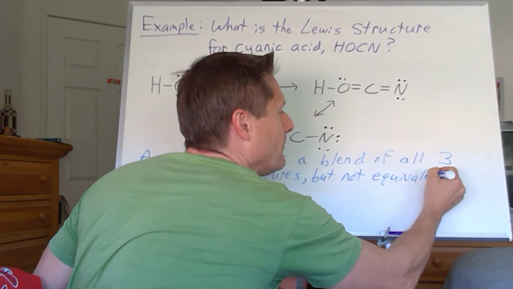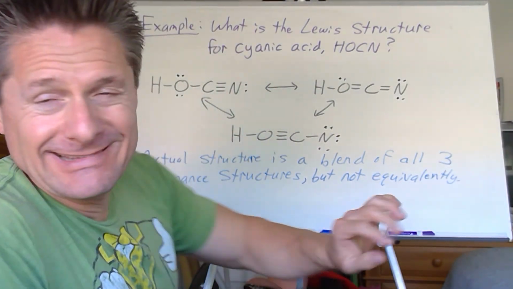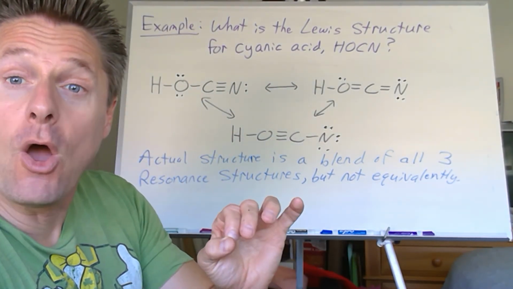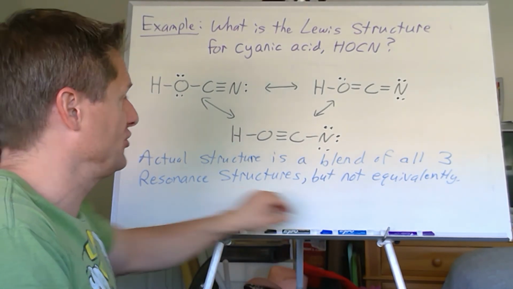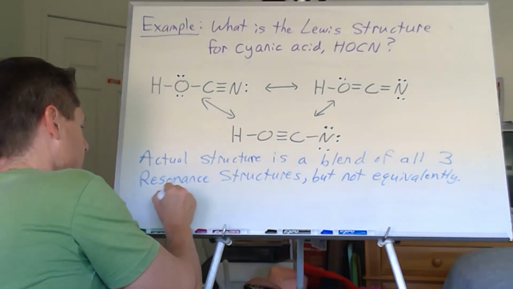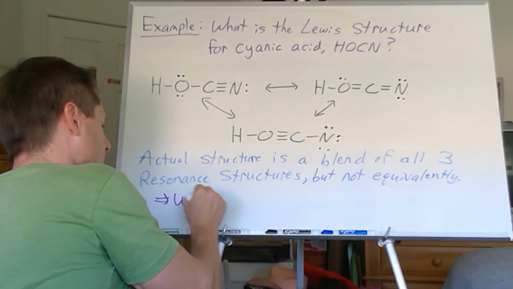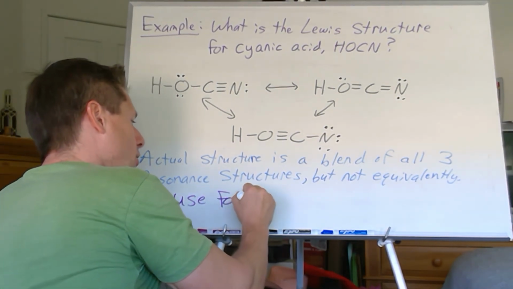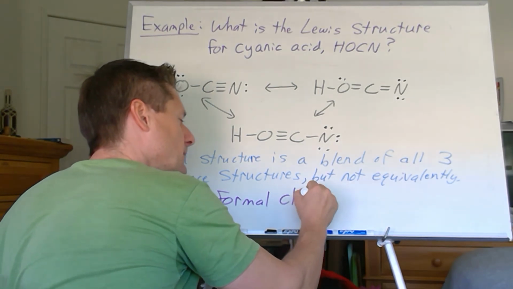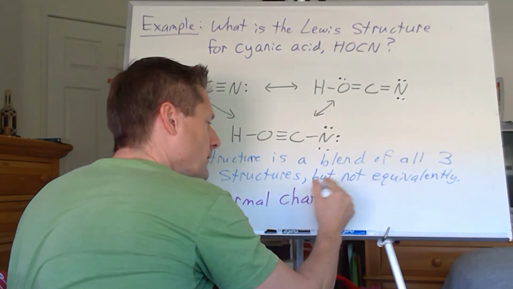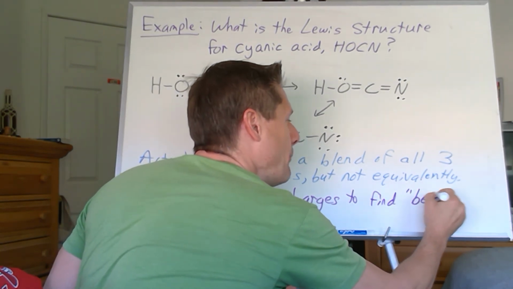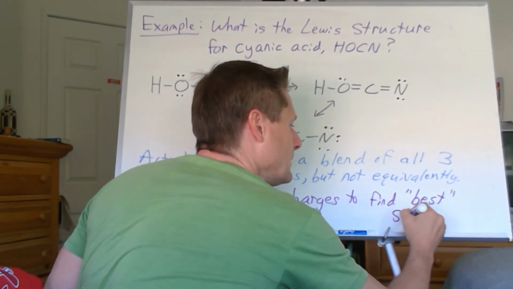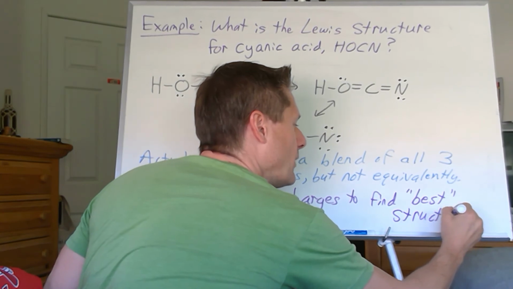Is that a word? It is now. And so this is going to lead us into our next video, which is called formal charges. We're going to use formal charges to find the best structure.